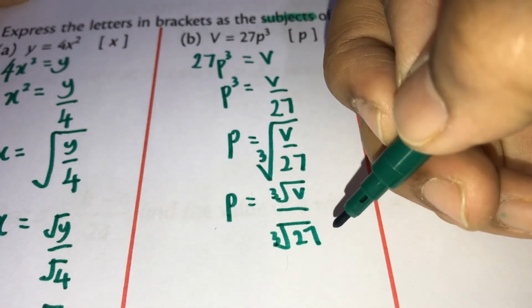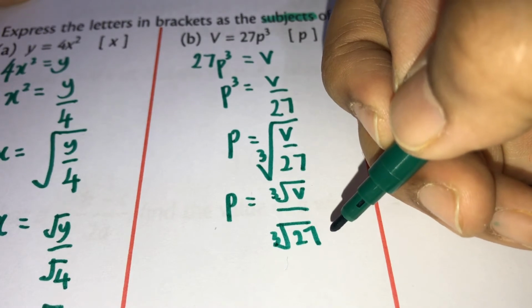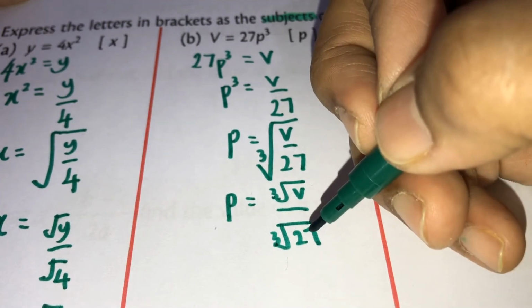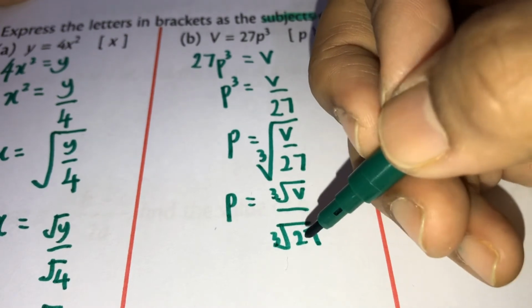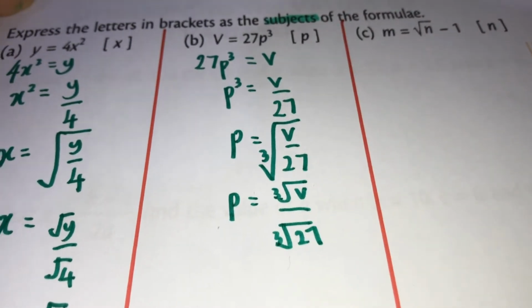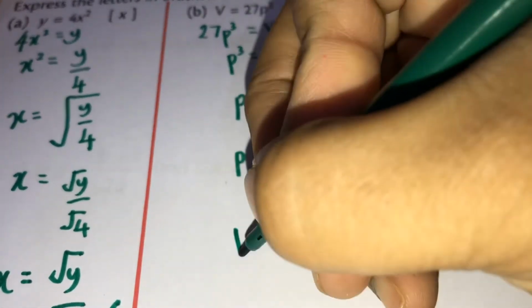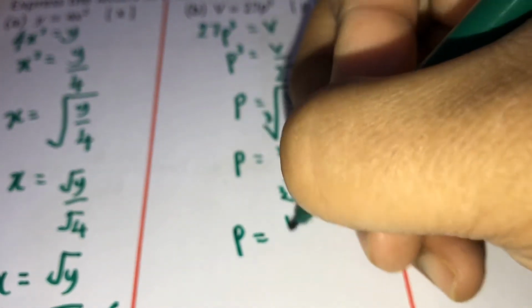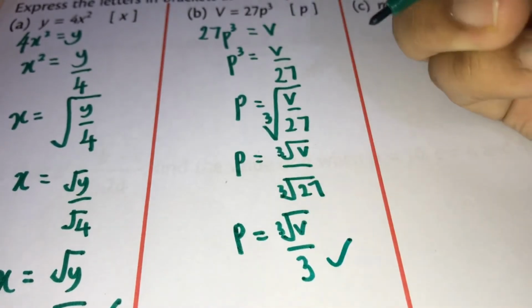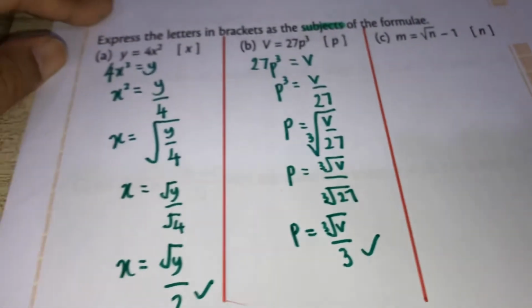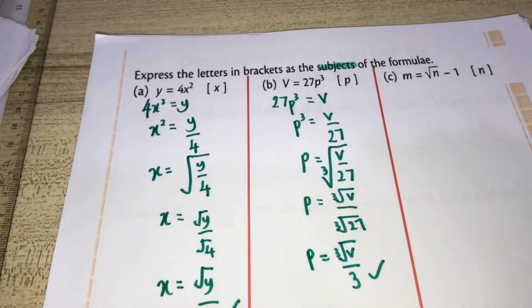Remember you learned in chapter 3, square root and cube root. Cube root of 27 equal to 3 times 3 times 3, that means cube root 27 equal to 3. So your final answer, p equal to cube root v over 3. Finish. This is your final answer for question B.